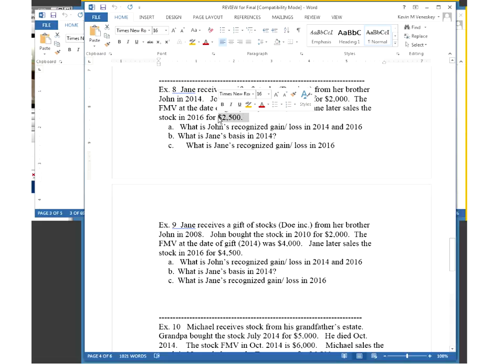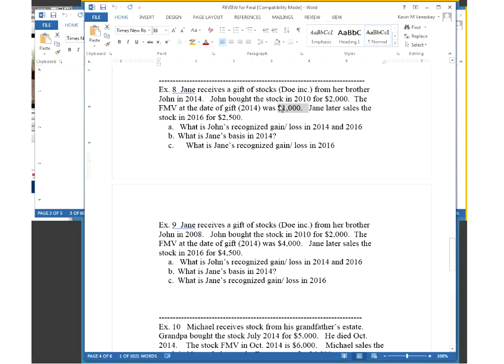So Jane sold it for 2,500, had it on her books for 1,000, what it was worth when she got it. So she has a gain of $1,500.